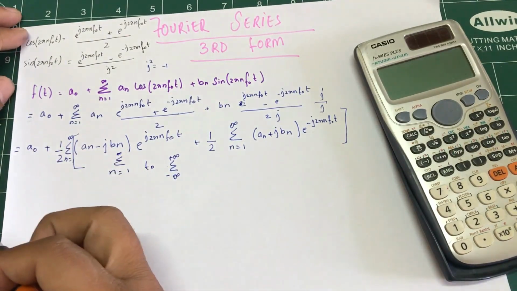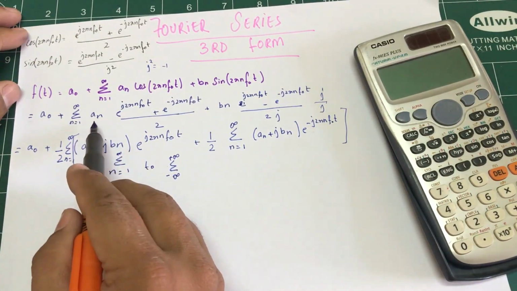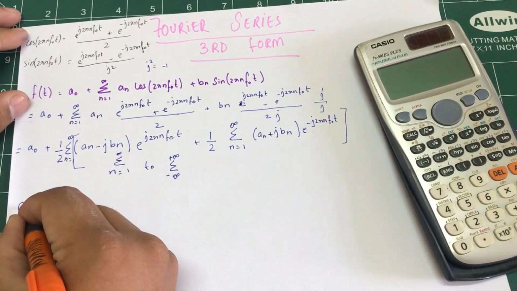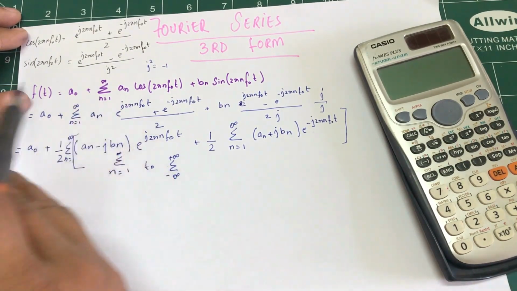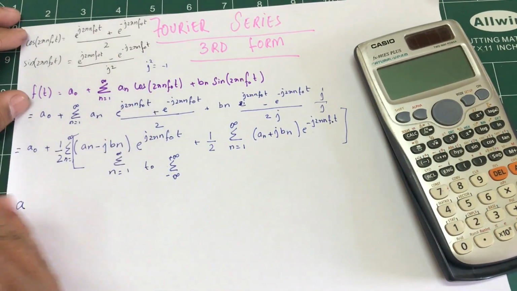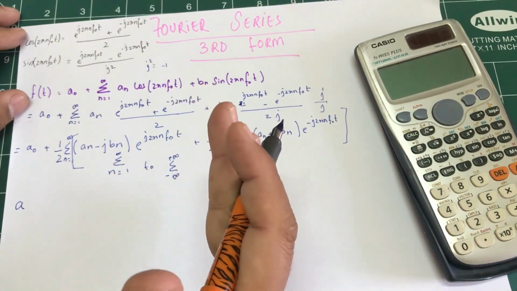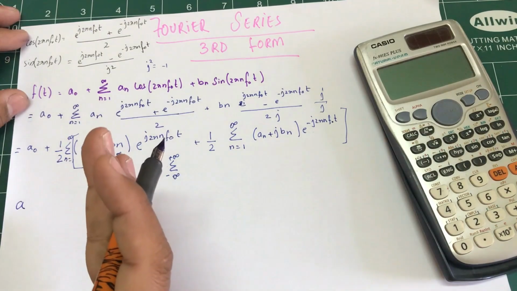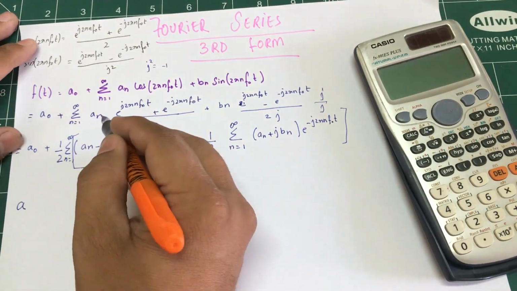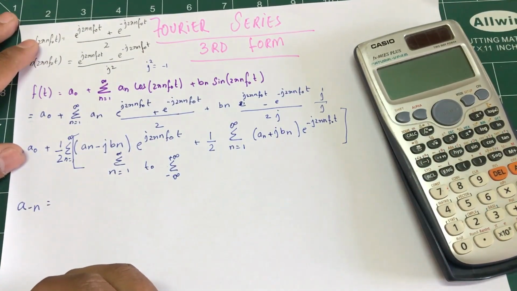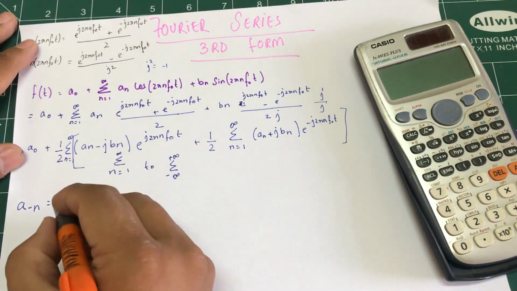So what we're going to do, we're going to take these individual terms. All right. So I'm going to say an is representing an component of my Fourier series in positive direction. Because we are changing summation, we want to go from negative infinity all the way up to positive infinity. So we want to look at an with respect to a minus n. All right. I hope you guys are seeing it.